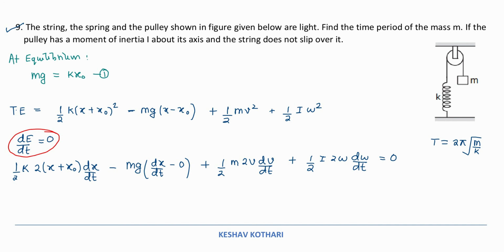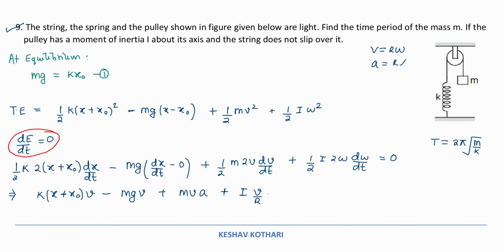So over here we can write it in this way: k into x plus x naught into v, minus mgv, plus mv dv by dt, which can be written as a, plus I. Now omega over here: if I use the expression v equal to r omega, then omega can be written as v by r, and d omega by dt is alpha, so alpha can be written as a by r, since a equal to r alpha.